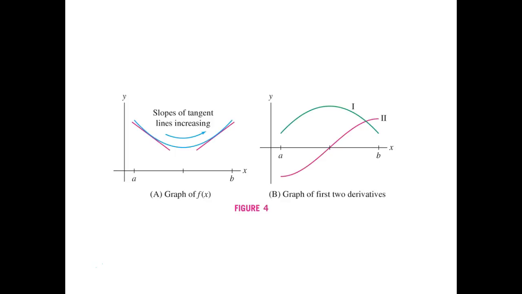Negative, negative, negative, less negative, less negative, and then 0, 0, positive, positive. So the slope of the tangent line has to be negative. The green is never negative, so it's incorrect. Gotcha. The slope is negative here, 0 here, midway, and then positive after that. Gotcha.